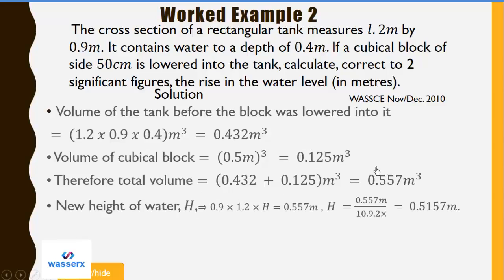from the new volume. So we know that our new height h times the length and the breadth should give us the new volume or the total volume now. And if you make h the subject, we get 0.5157 meters. Then we just have to subtract to find the difference in height.